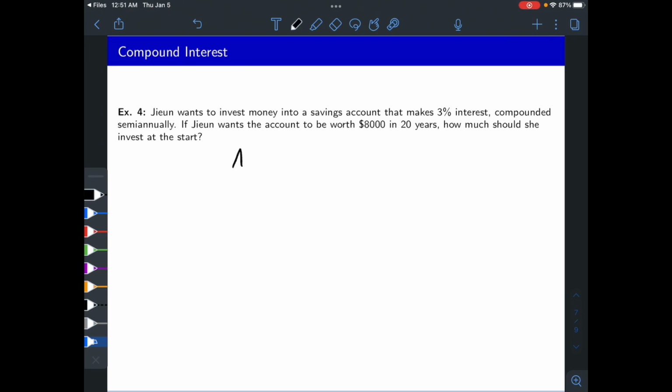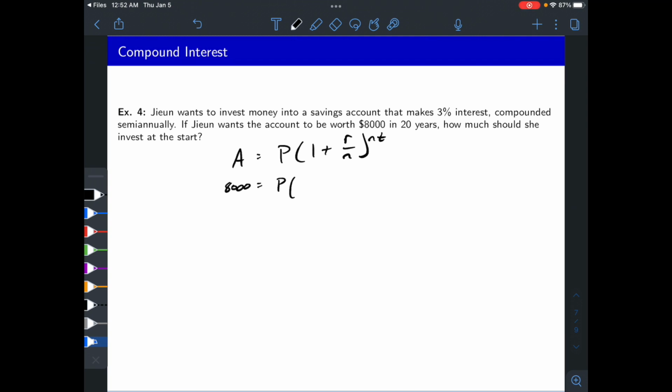So A equals P times 1 plus r over n, to the nt. We don't know what P is here, so we need to figure that out. 8,000 is going to be our A, the future value of the account.